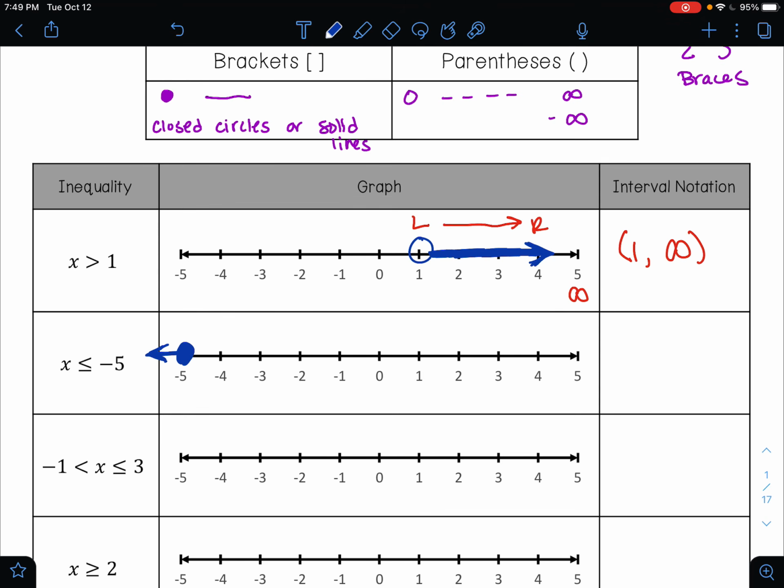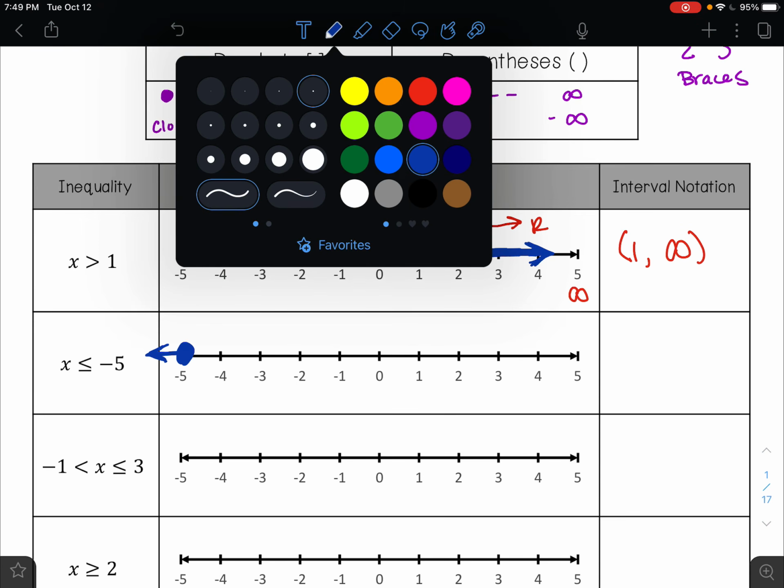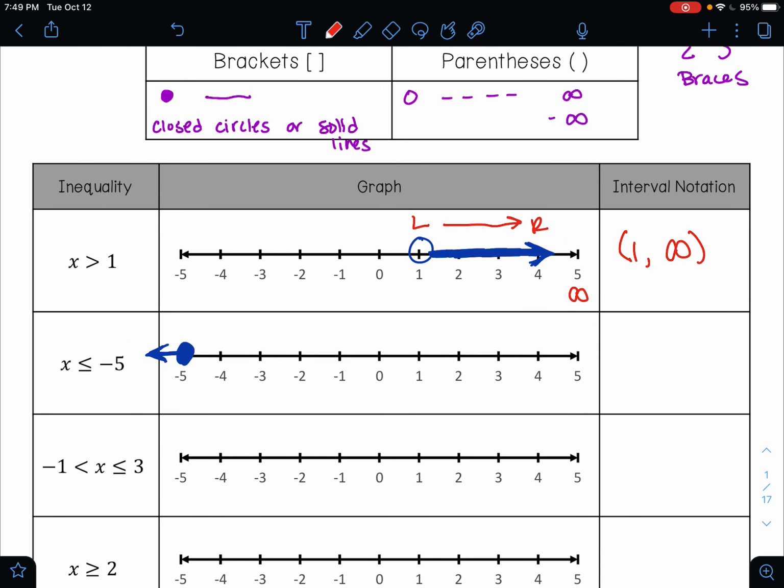If my graph keeps going to the left forever, as it keeps going this way, eventually it's going to get to negative infinity. Whenever you're doing your interval notation, it is always from left to right every time.